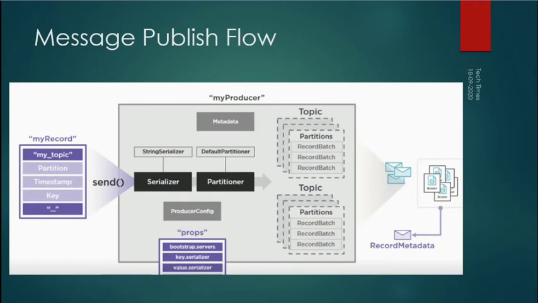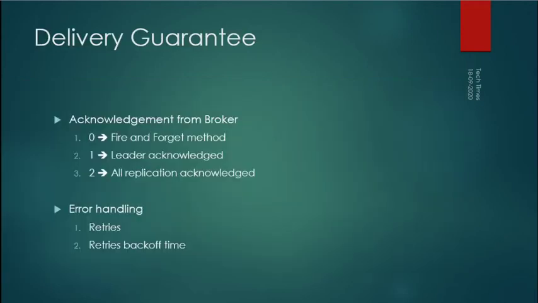Then how do we guarantee that whatever we publish has reached the Kafka cluster? This can be done using the acknowledgement from the broker. I told you in the earlier slide, we receive an acknowledgement from the broker or the cluster on whether that message was successful or not. There are three different settings you can use to acknowledge the published record. The first one is to set it to 0.